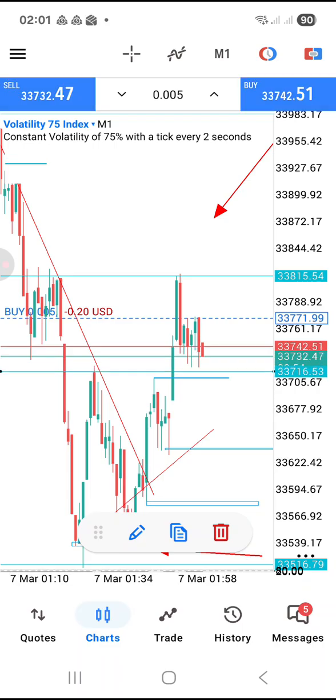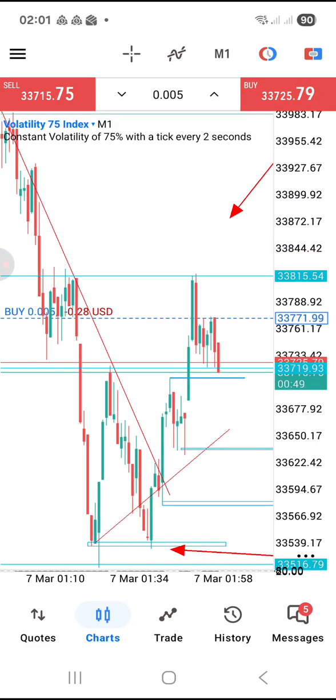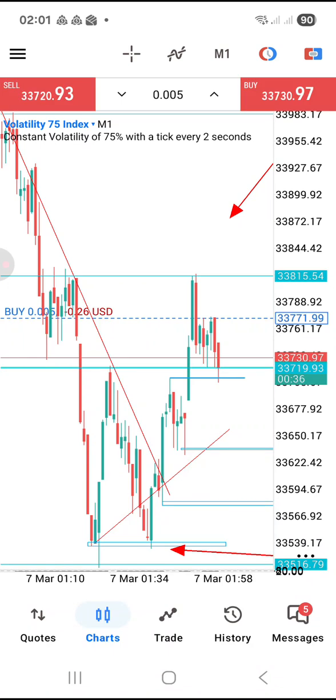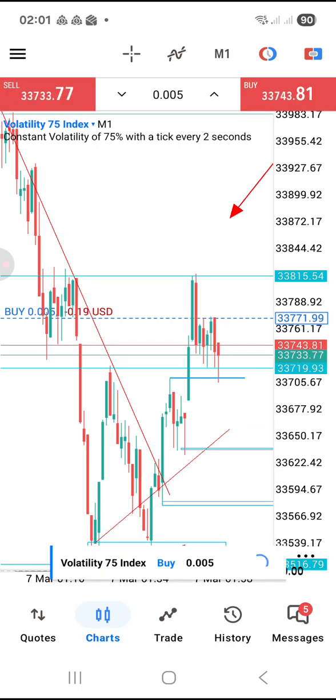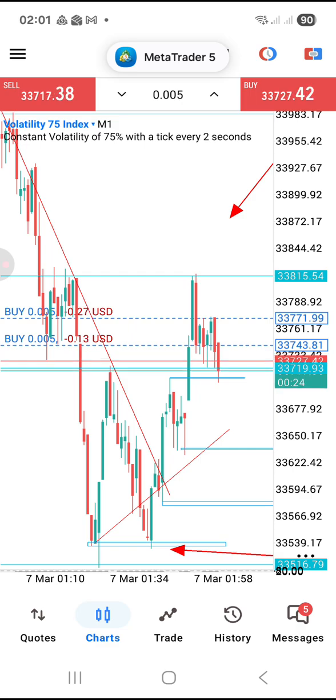So it's a double bottom to hit this point. So we can take the second position if we want here. Good. So that's all we are doing for now. We wait.